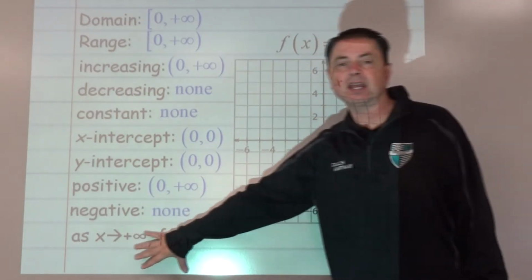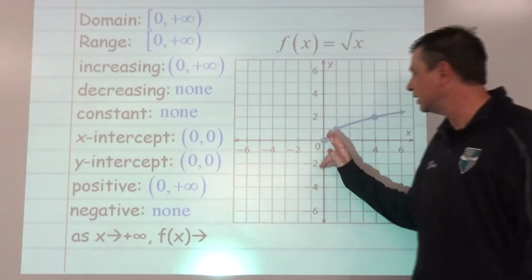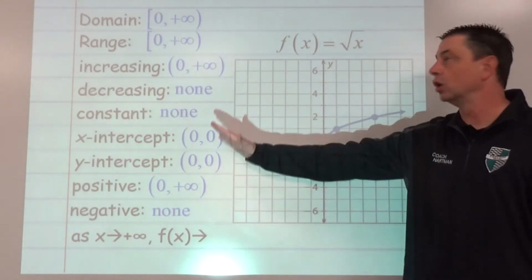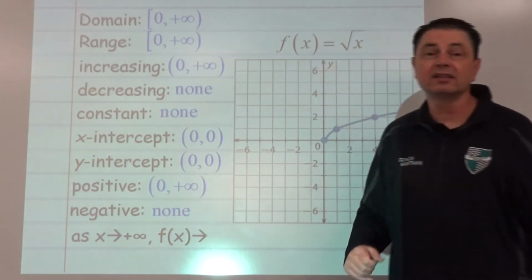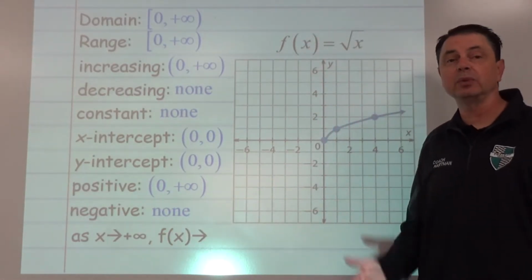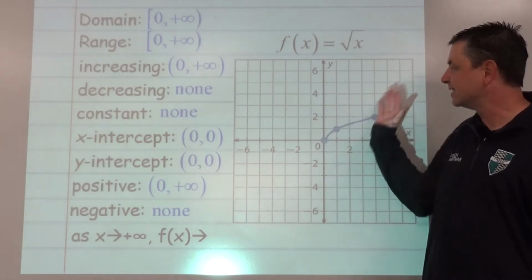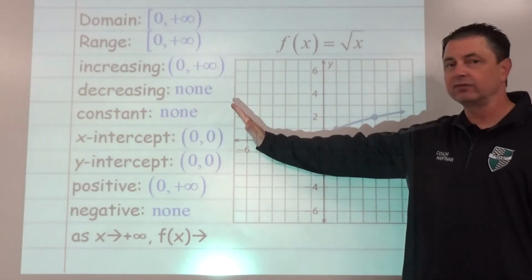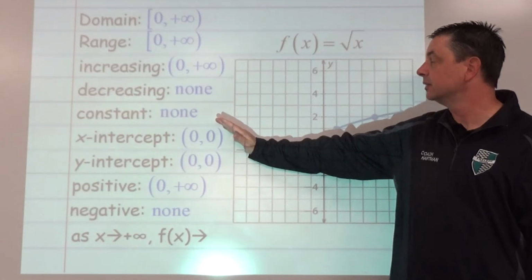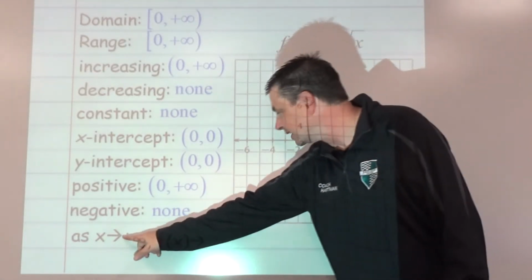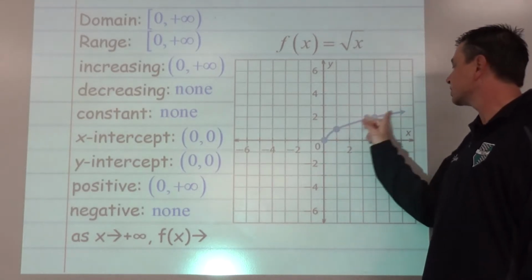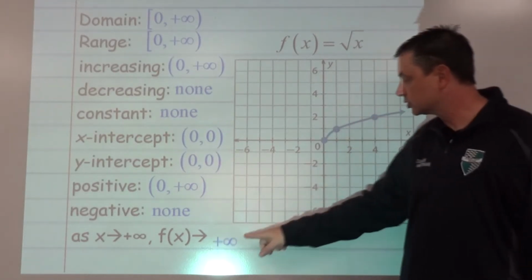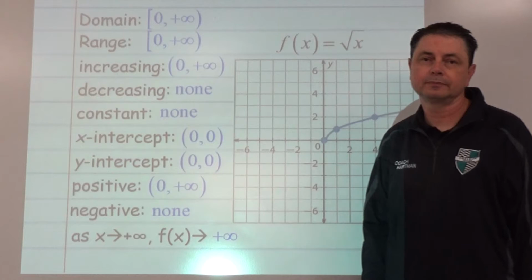And then as far as end behavior, because we had an initial point and don't go left forever, we're only going to look at this as a one-sided end behavior. So it wouldn't make sense to look at as x goes to negative infinity because it doesn't go to negative infinity. So we're going to say as x approaches positive infinity, the function keeps going up and up and up towards positive infinity.